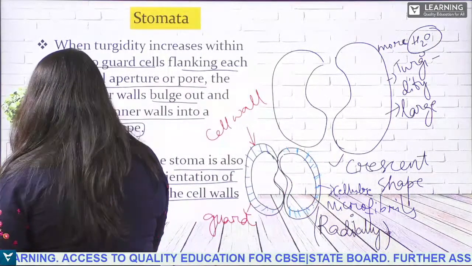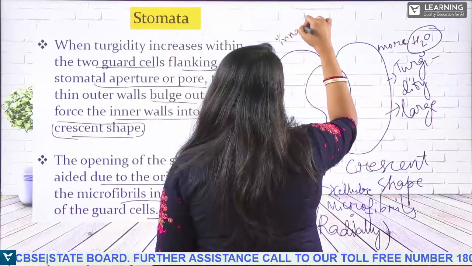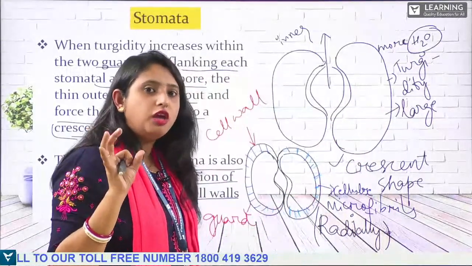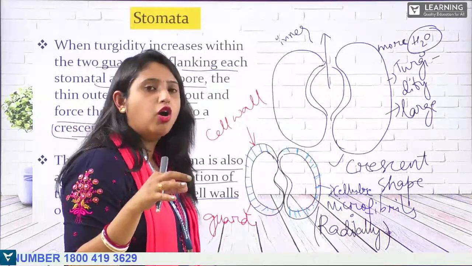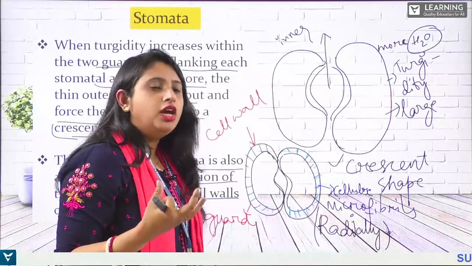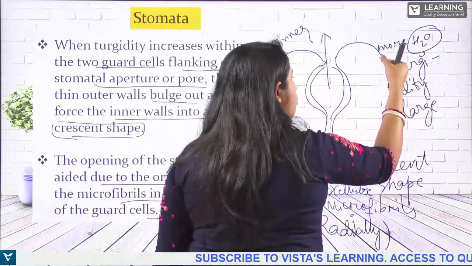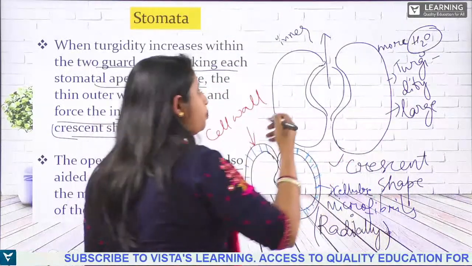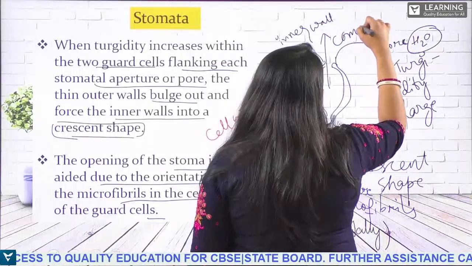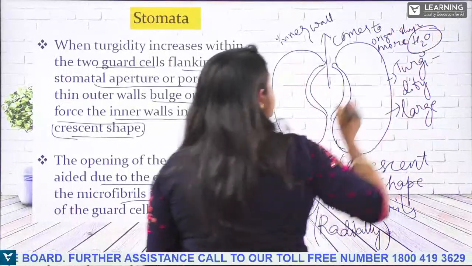Okay, so because of the loss of water, the inner walls, which you can see here, had become crescent shaped because more water got occupied in the outer walls, right? Because of which the outer walls bulged, because of turgor pressure. Now when the outer wall is losing water, the inner wall will again come back to its original shape.